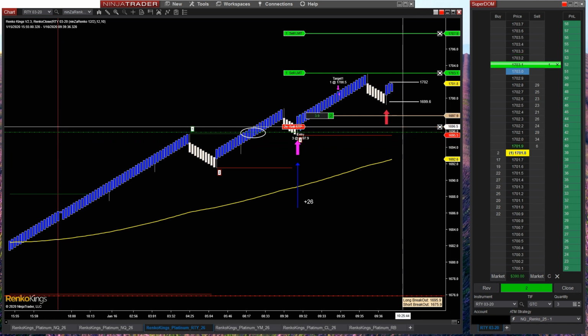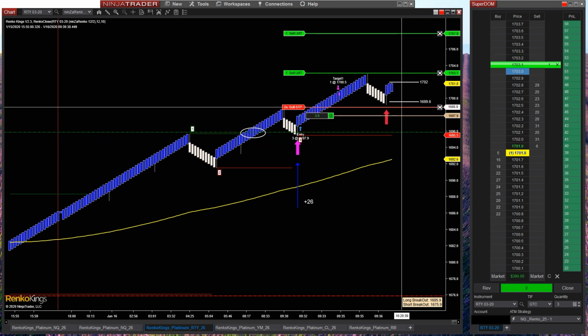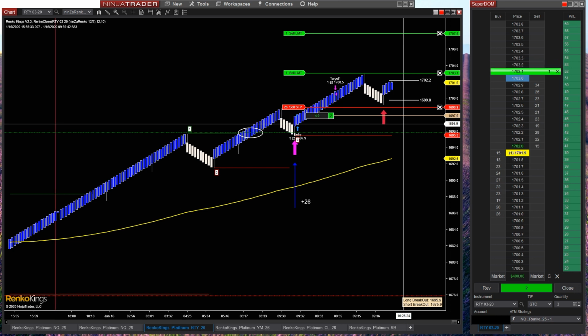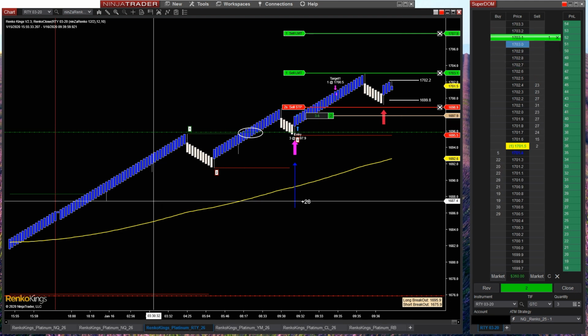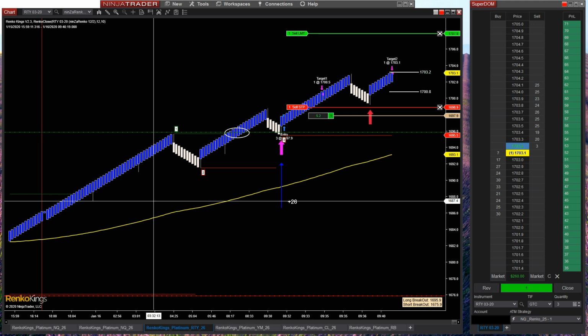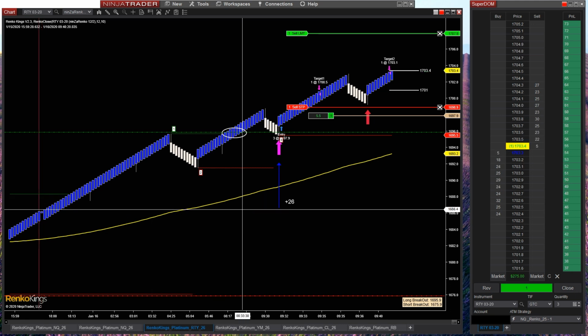So I'm just going to go ahead and shore up my stop right underneath that wick. So all risk is off the table. Target filled. Okay, nice.